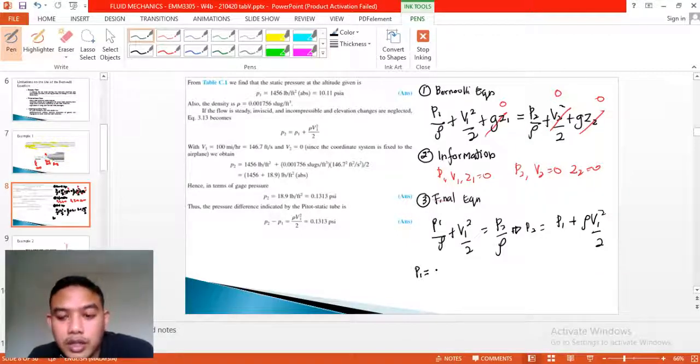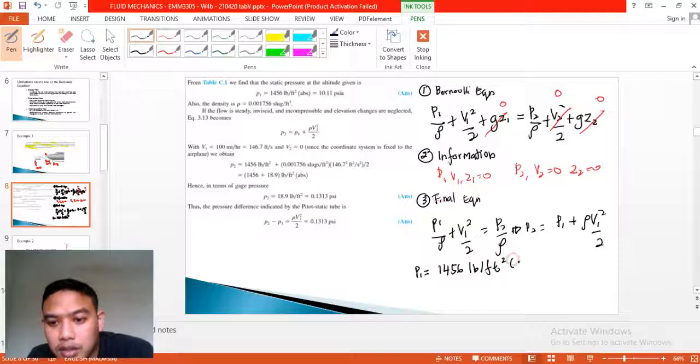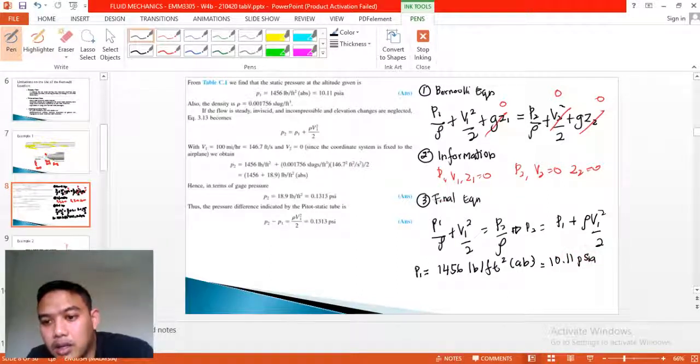Based on the table here, it should be 1456 lb per feet squared. It is an absolute pressure, or you can calculate it to become 10.11 psia. Okay, done.